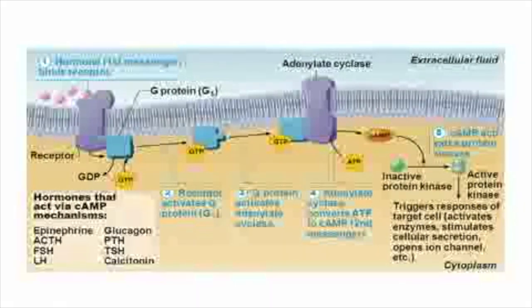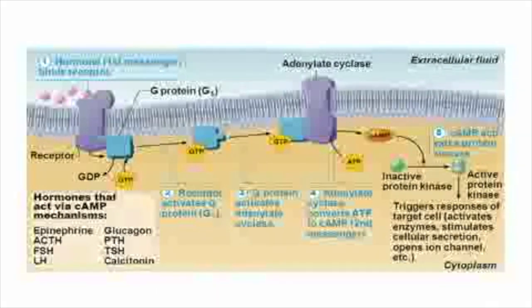The other messenger is a chemical that is produced in here. See, the hormone never goes in, not the non-steroid. It binds to the receptor and it stays out here. And it activates some machinery in here which produces a chemical. There's the chemical that gets produced. So what is our second messenger for this process? It is cyclic AMP. Cyclic AMP is the second messenger in this instance.